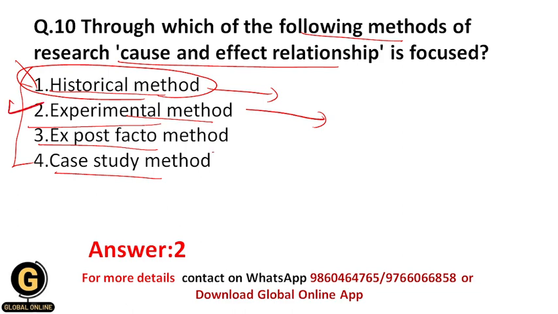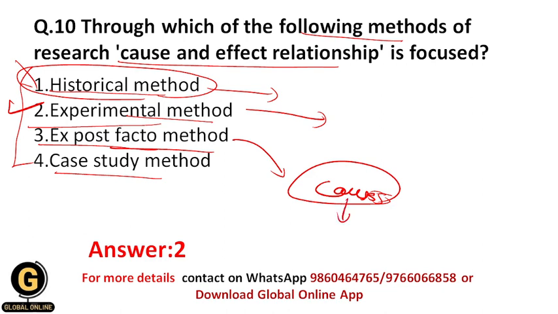Within the ex post facto method, we are going to study the causes of an event which has already happened in the recent past. Again here you are going to see the relationship between cause and effect variables, but here you can't manipulate the variables. The variables are not in your control because the incident occurred in the recent past.